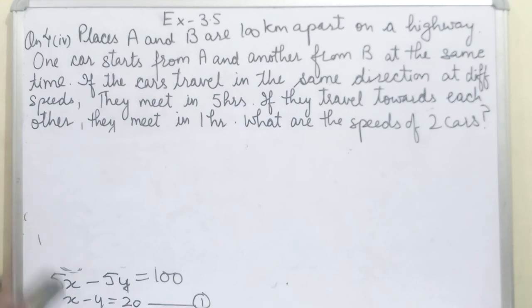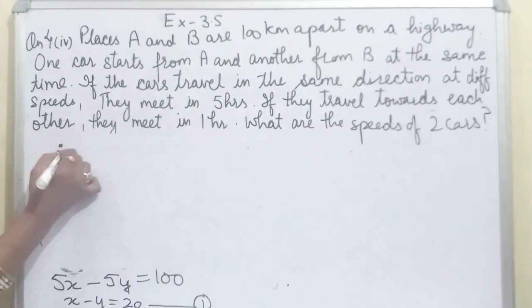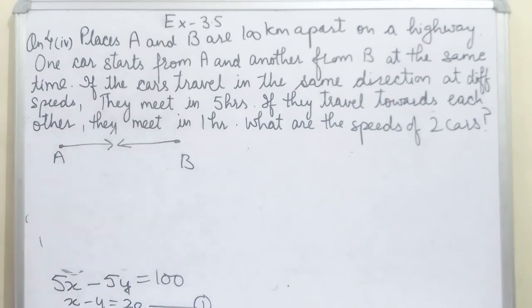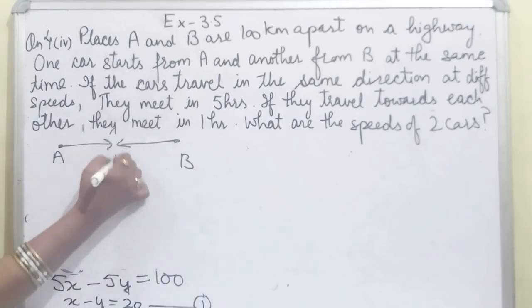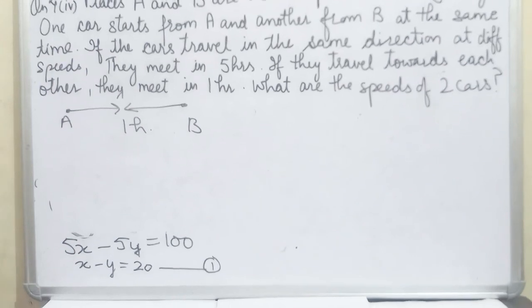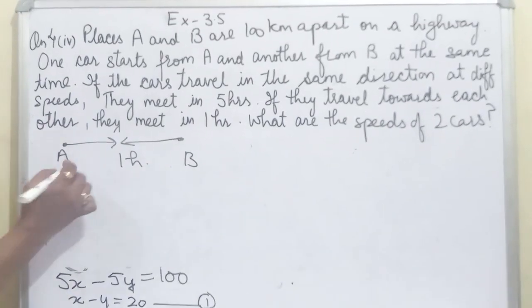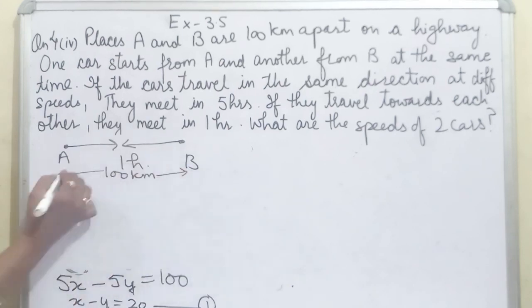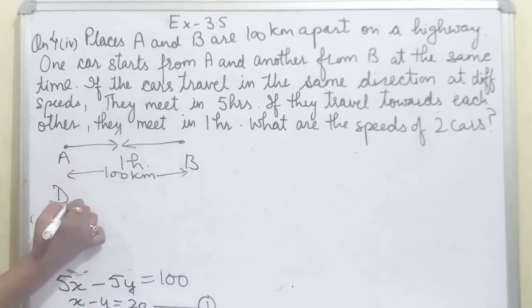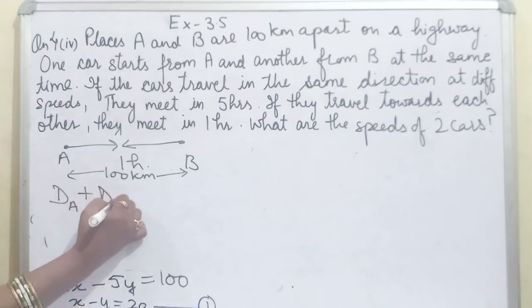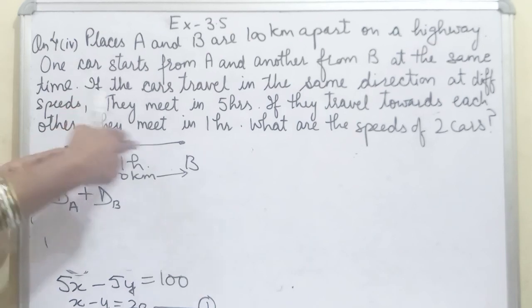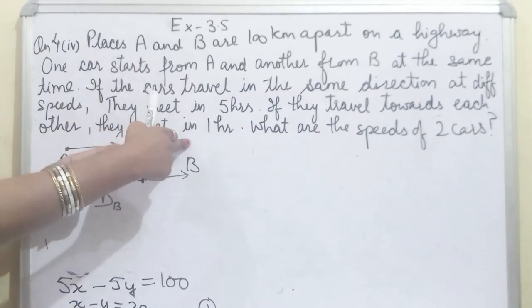The second condition is when they move in opposite directions. These are the two places and the cars are moving in opposite directions, and they'll meet after 1 hour. Because the distance between the two places is still 100 kilometers, can I write the distance covered by car A plus the distance covered by car B?